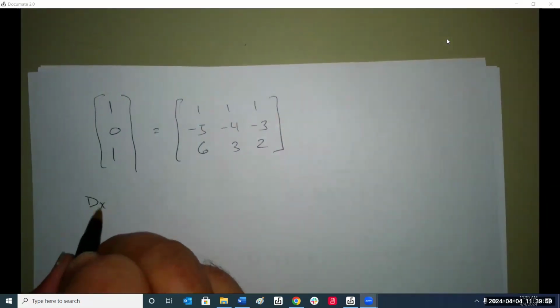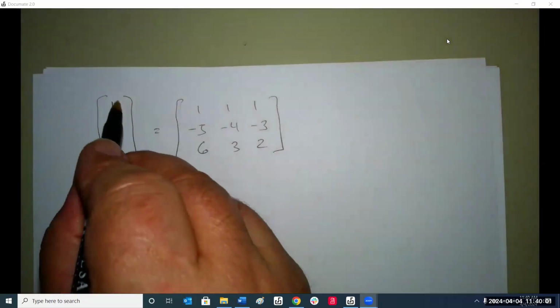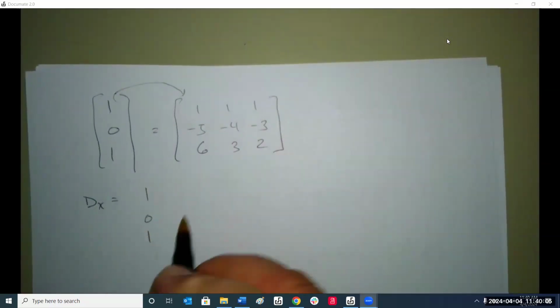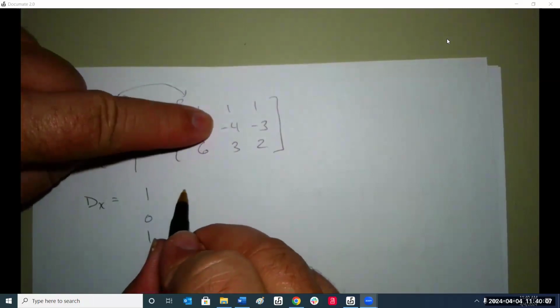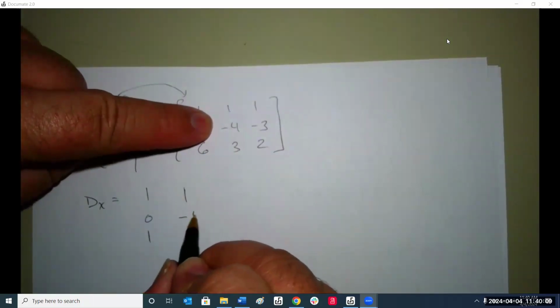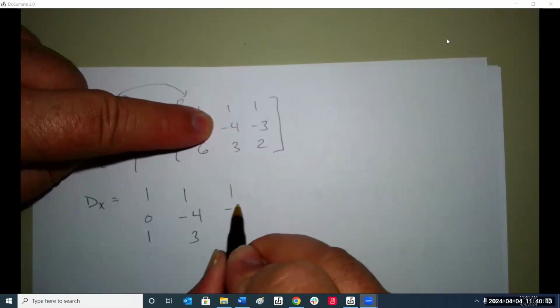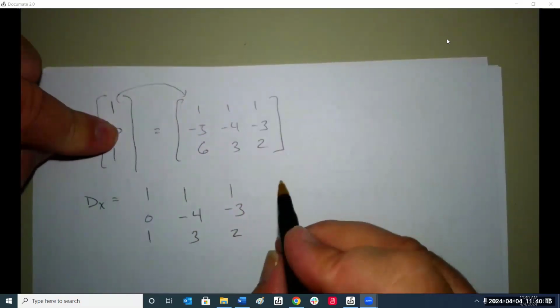So for dx, I take the answer, put it in the first column. So I have 1, 0, 1. 1, -4, 3. 1, -3, 2.